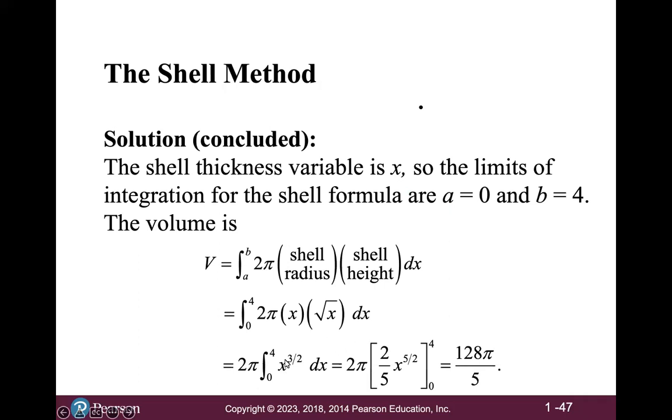So we will once again use the backwards power rule to evaluate that integral. The antiderivative for x to the 3/2 is 2/5 x to the 5/2. And I'll let you, if you need to, pause the video and think about when you plug in 4 and plug in 0, this will come out to 128 pi over 5.